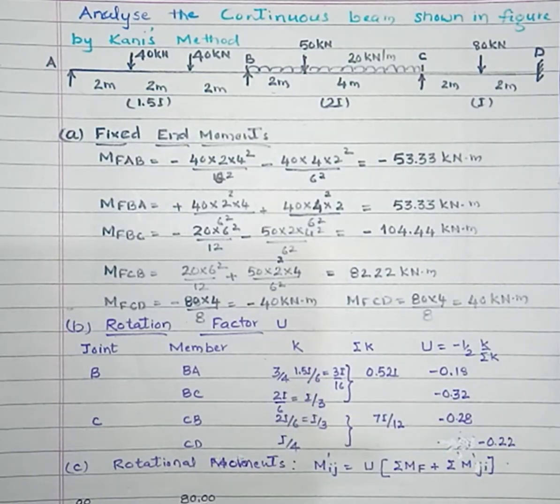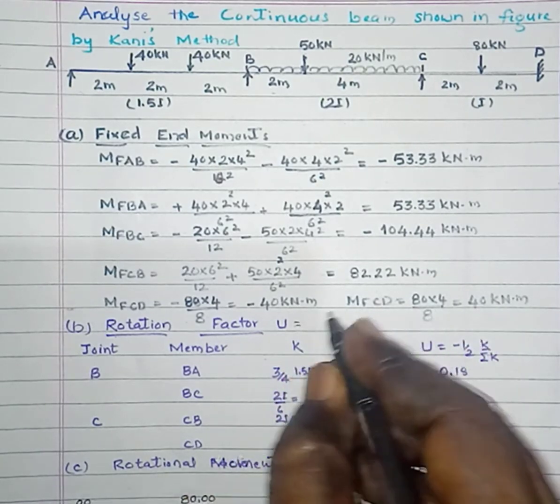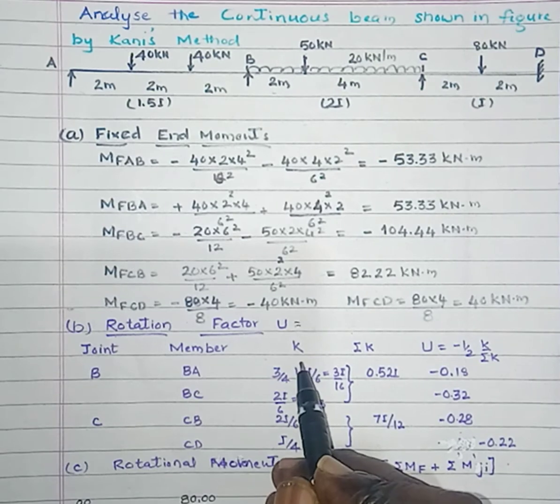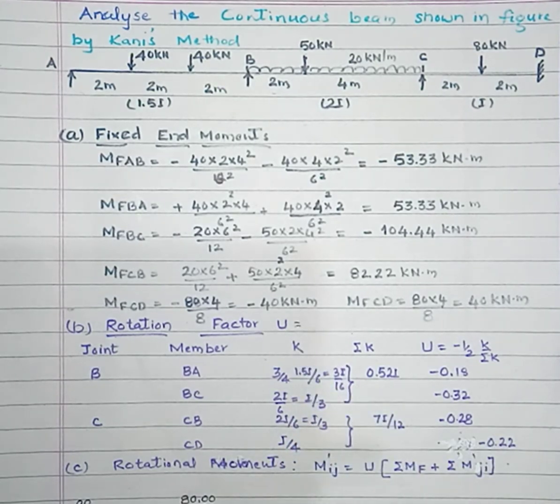The second step: calculation of the rotation factors at the joints. Rotation factor U equals minus half into K divided by summation K, where K is the relative stiffness value for the member.